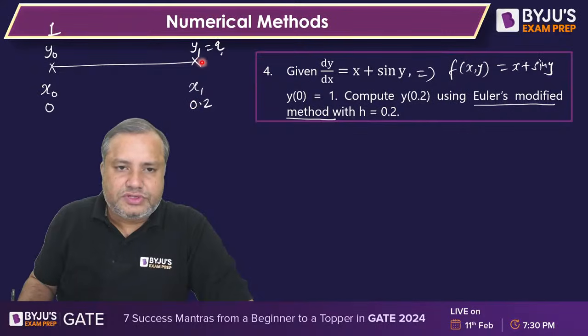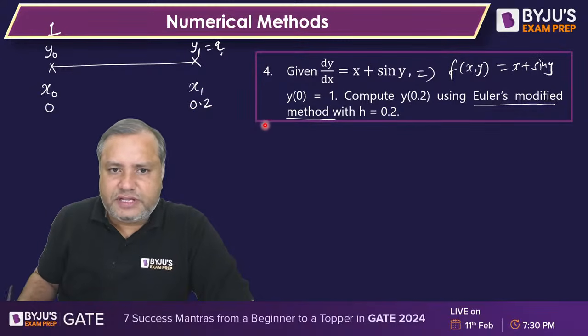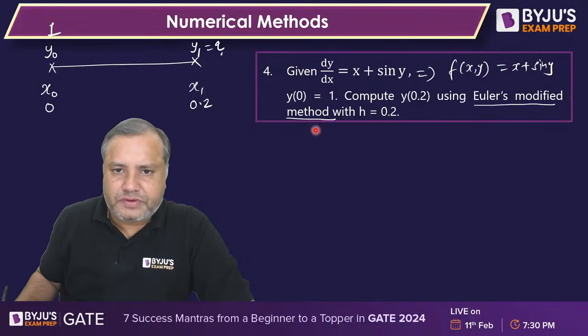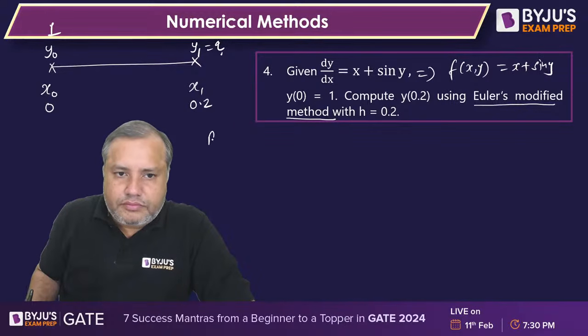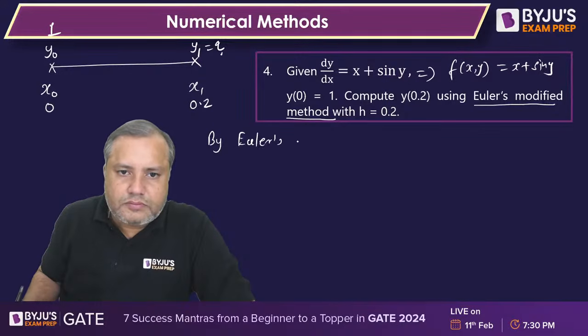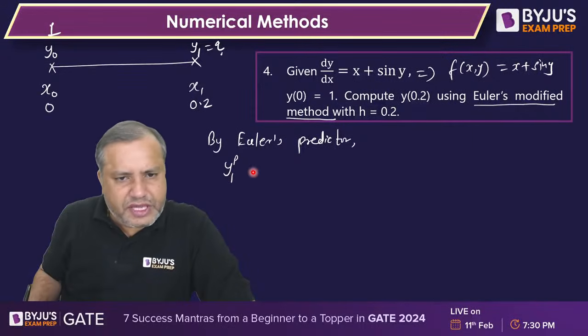By Euler's predictor, the predictor formula is denoted by y1p.